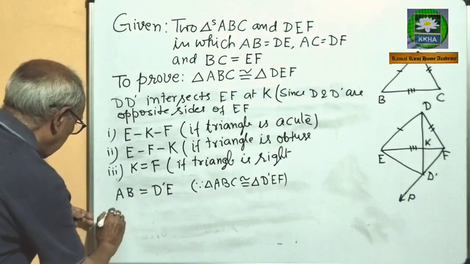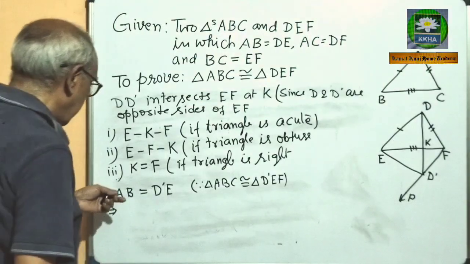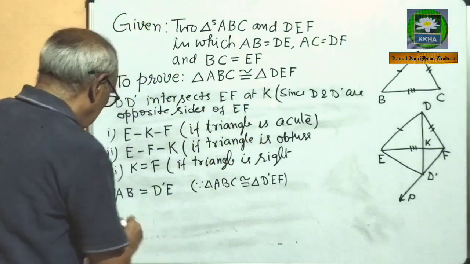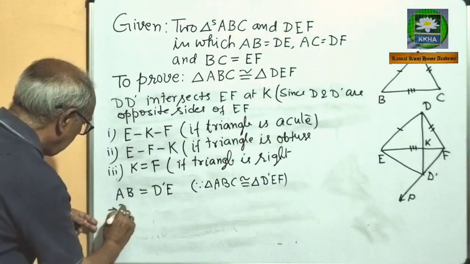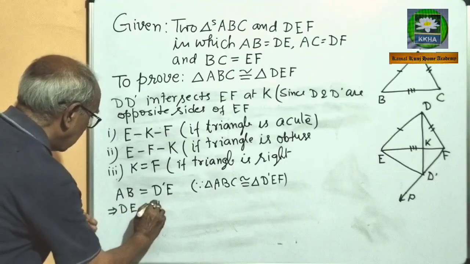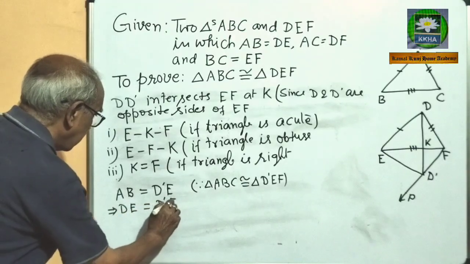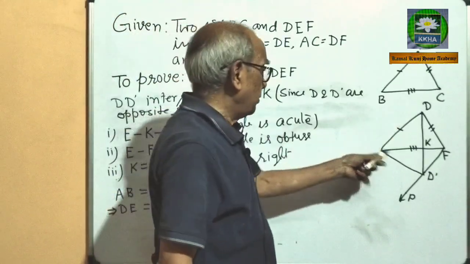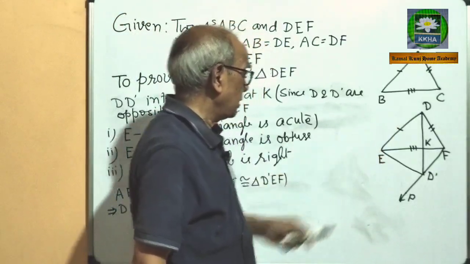This implies that AB is equal to DE, so DE is equal to D dash E.